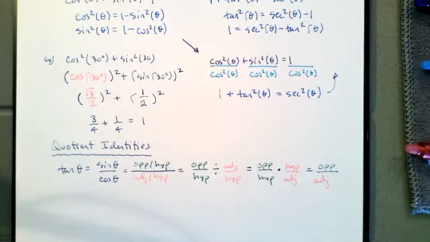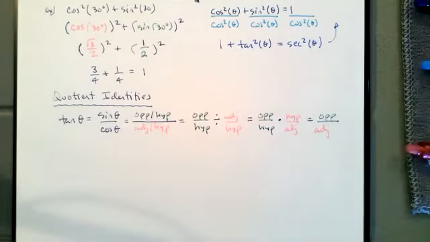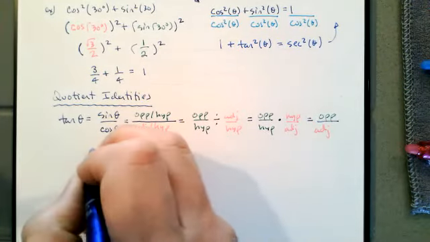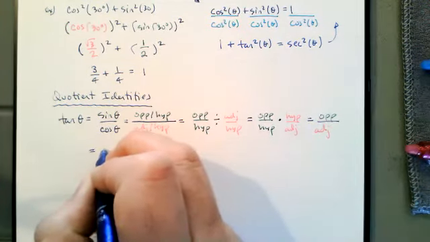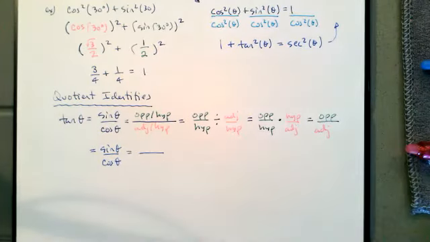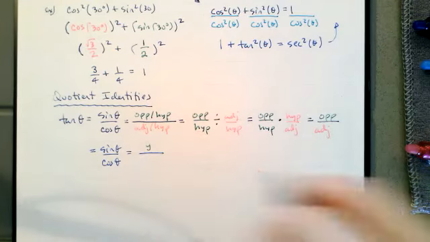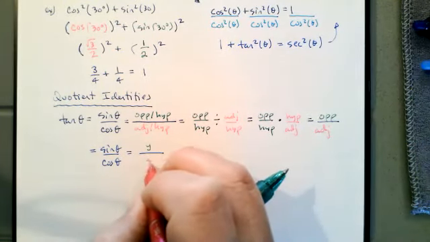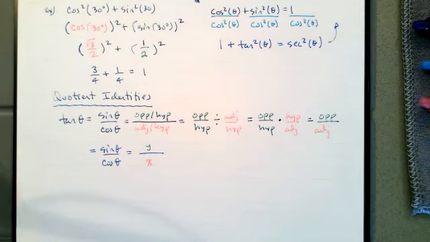Also, since cosine is the x on the unit circle and sine is the y, we can look at this from a unit circle standpoint. And we can say that the tangent of theta is sine theta over cosine theta, where the sine is y and the cosine is x. The reason that we would want to do this is that since tangent of theta is just y over x on the unit circle, this will explain why tangent is positive in the first and third quadrants.